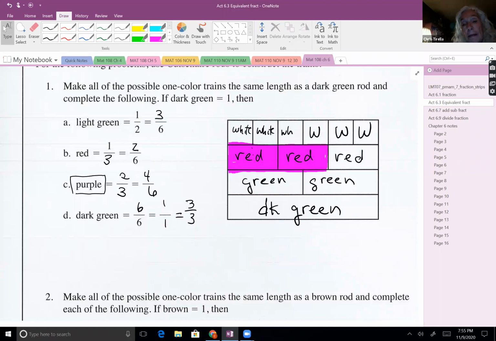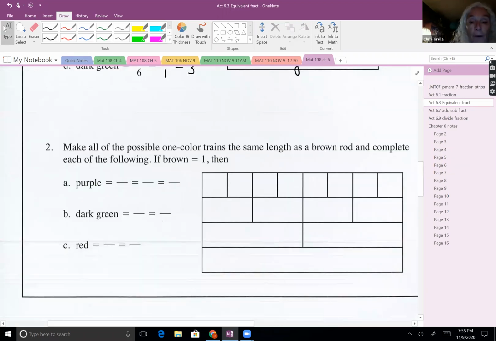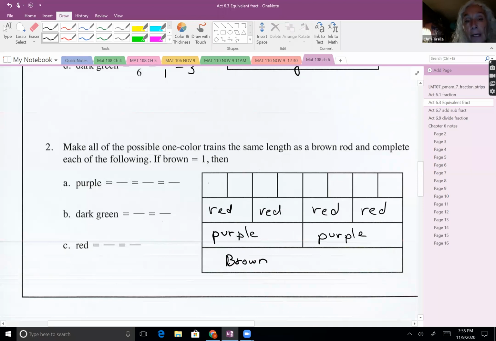So then the next one, what we've got is the brown on the bottom. And then these two would be your purple. These, to line up to look like that, would have been our red. And then the single units are our white.